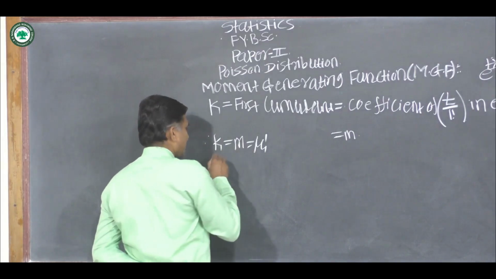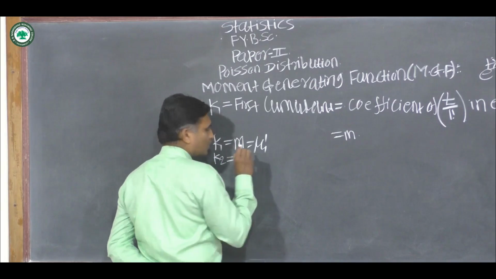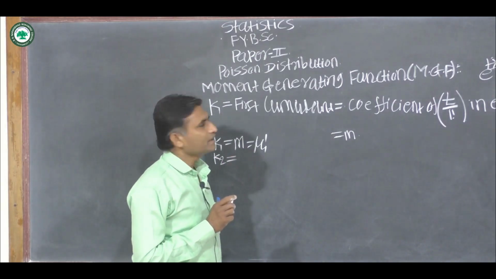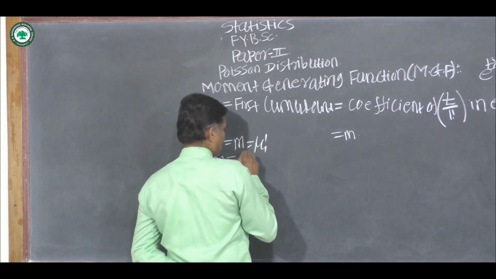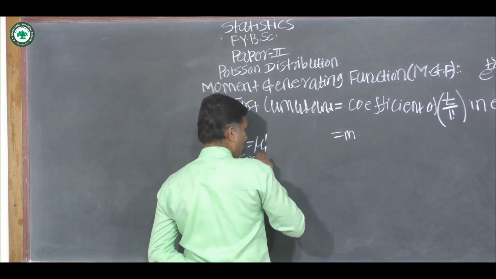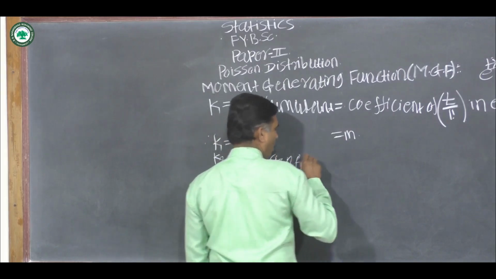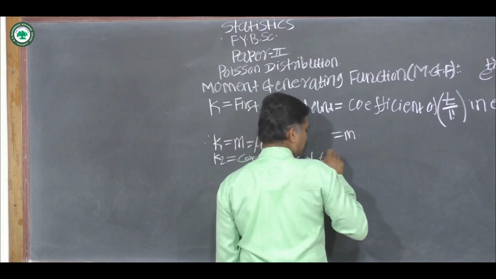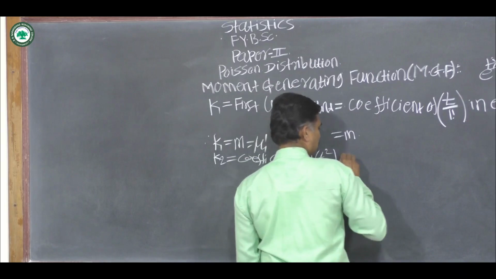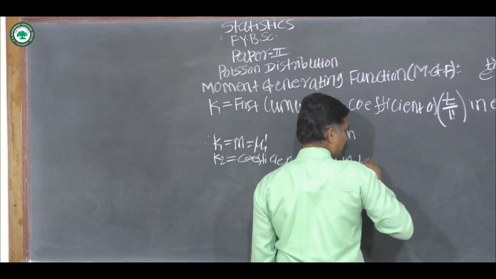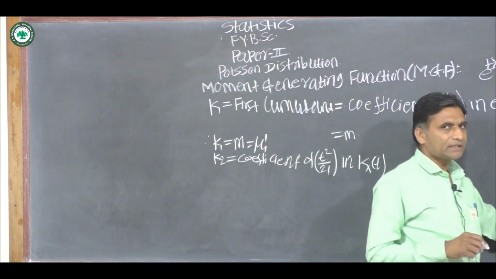Now the second cumulant of the Poisson distribution, K2, is equal to the coefficient of t square upon 2 factorial in the expansion of Kx(t).